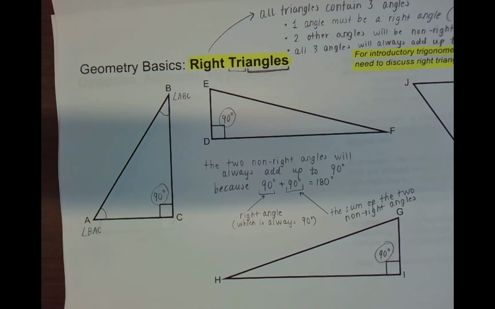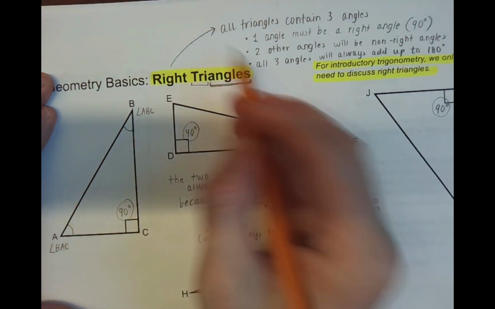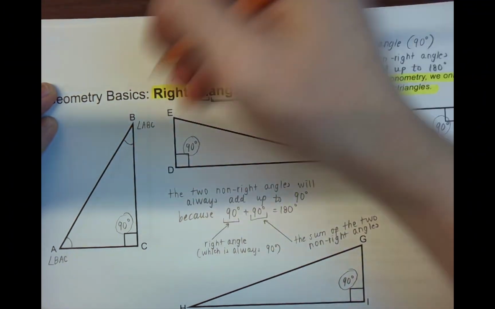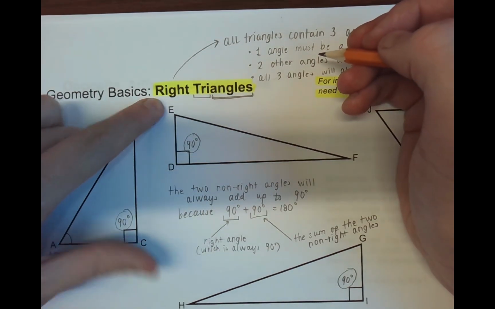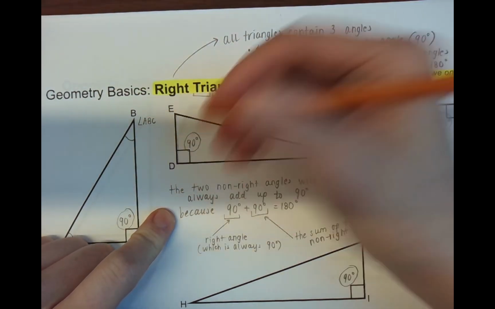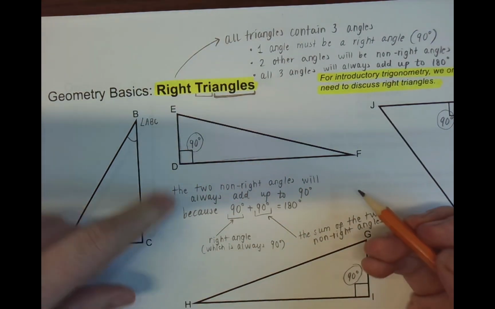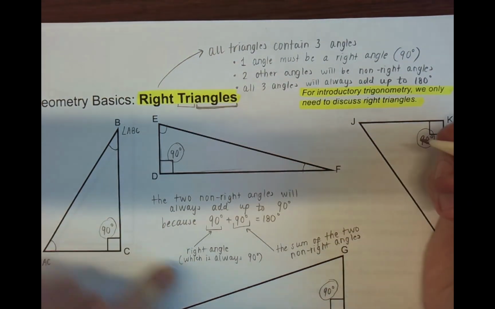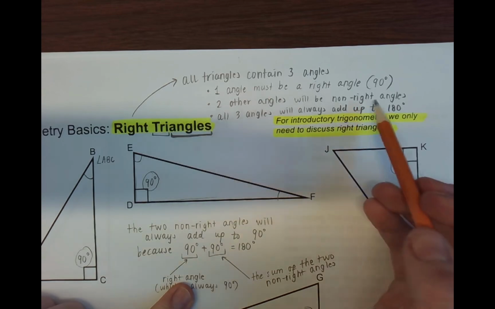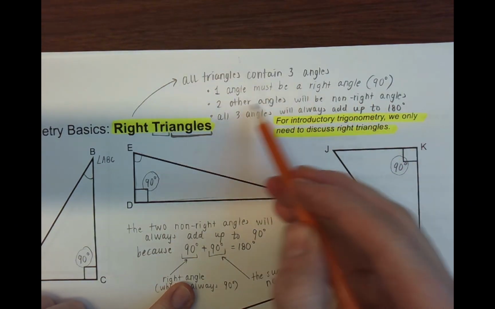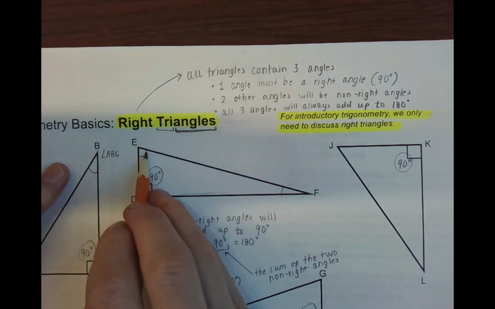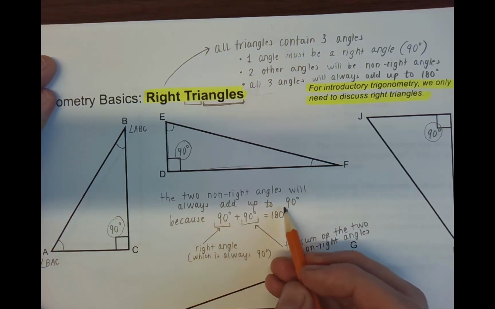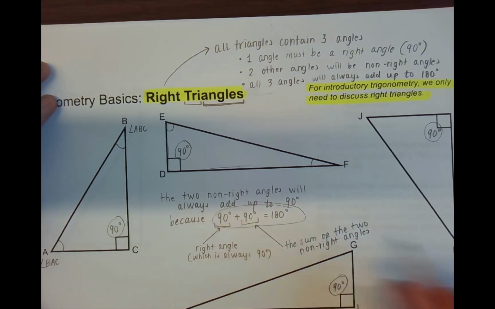And for any right triangle, which is what we're focusing on in this trigonometry section, there's always a 90-degree angle where those two lines are perpendicular, and always two other angles. Because all angles in a triangle add up to 180, the two non-right angles will add up to 90. So at the end of the day, our triangle has 180 degrees.